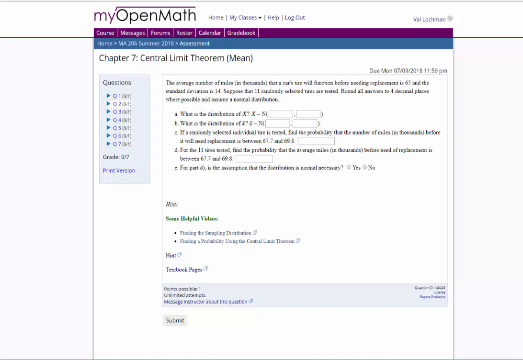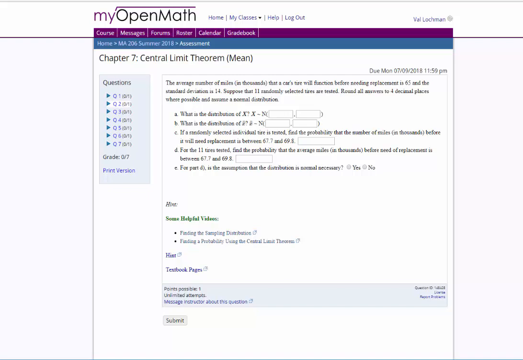The average number of miles in thousands that a car's tire will function before needing replacement is 65, and we have the standard deviation of 14. Suppose we take 11 randomly selected tires, and we want to answer all of these questions, assuming that the population is normally distributed.